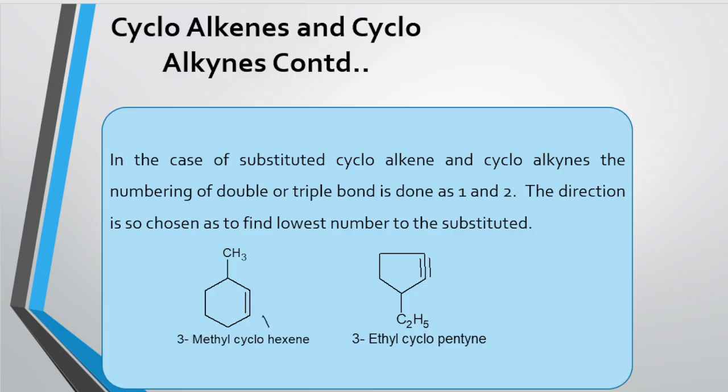So, 1, 2, 3. And on the third carbon atom a methyl group is there. So, 3-methylcyclohexene. Similarly, if we consider this one, as both must be included in the continuous numbering, you start from here, 1, 2, 3. So, this time this is 3-ethylcyclopentene.